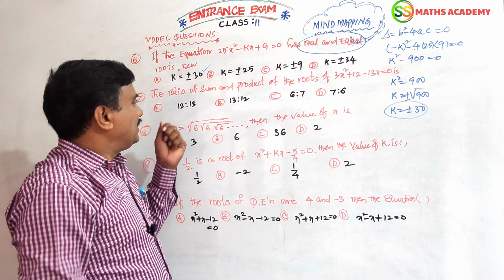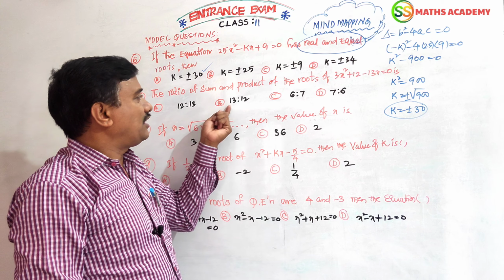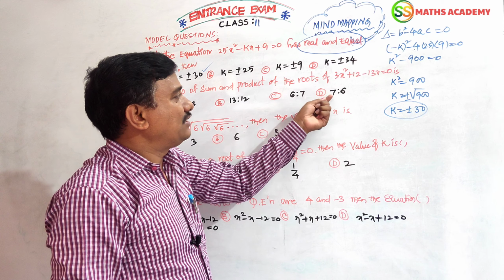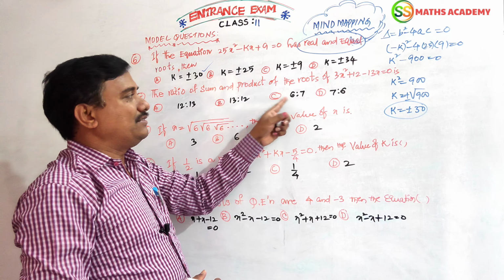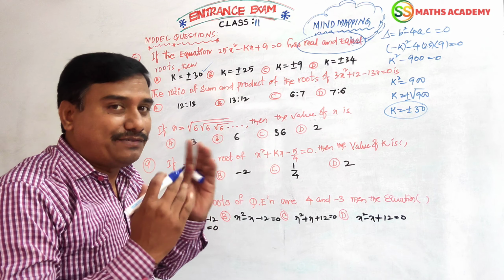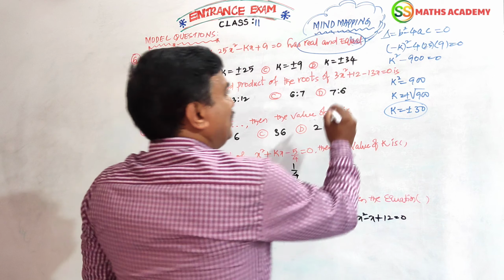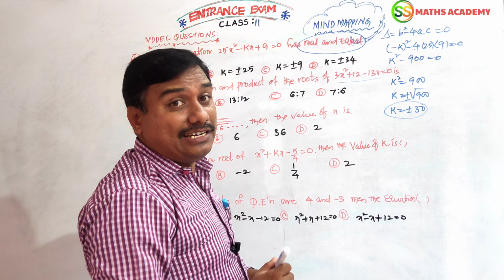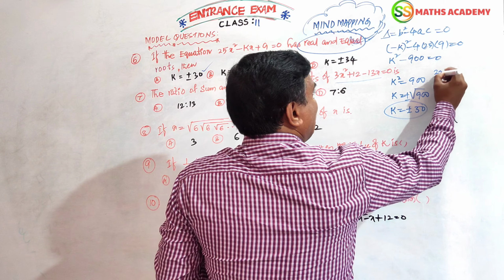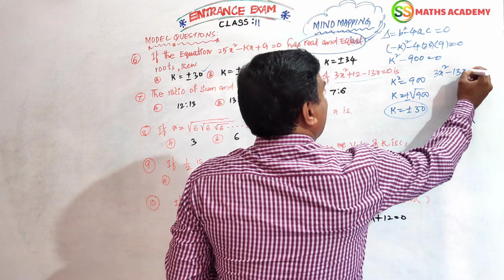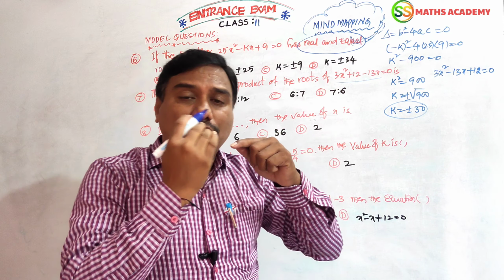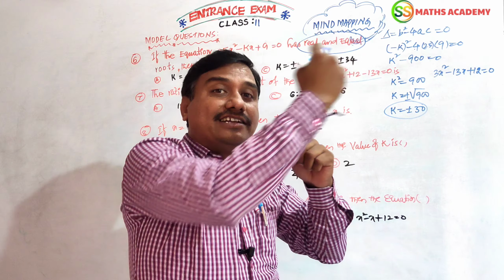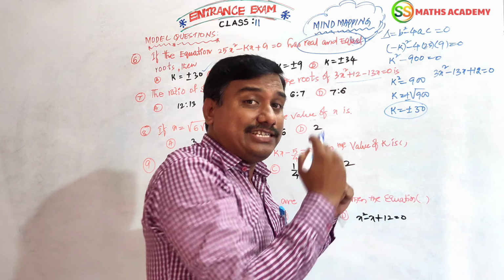For suppose here 12, 13, 13, 12, 6, 7, 3, 2. Okay? Here, first I want to tell you the traditional method, then after I will tell the technique. First you have to come here. It is not in standard form of a general quadratic equation. We have to write 3x square minus 13x plus 12 equals 0, because in every quadratic equation the powers should be in decreasing order: x square, x, x power 0, like that.